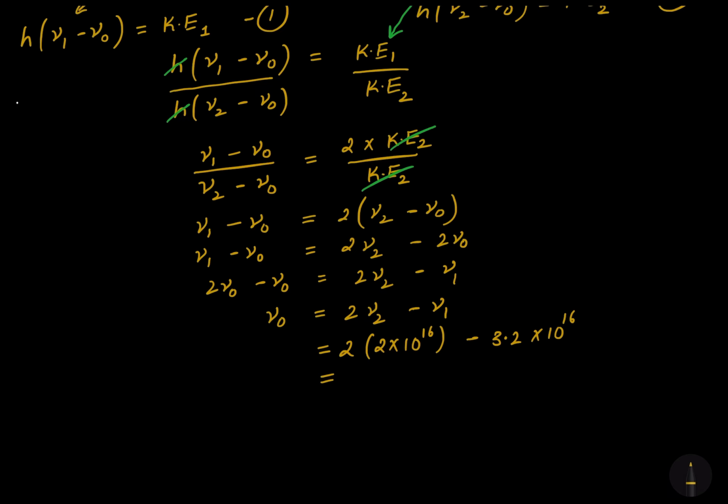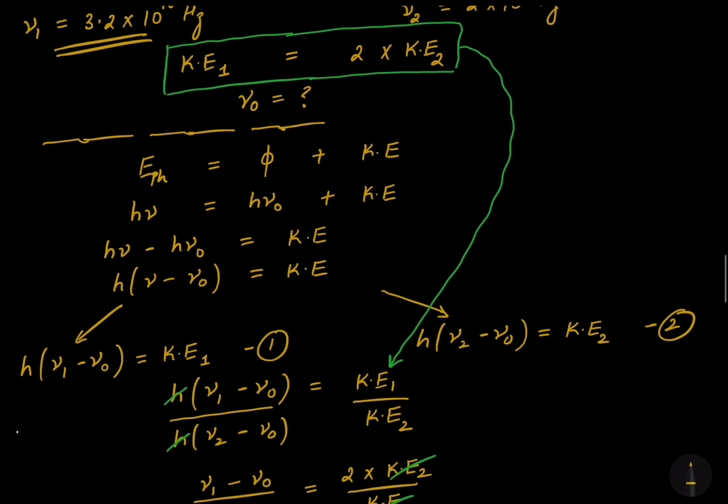This comes out to be 4 into 10 to the power 16 minus 3.2 into 10 to the power 16. My threshold frequency comes out to be 0.8 into 10 to the power 16, or you can say 8 into 10 to the power 15 hertz. So that's the threshold frequency. I hope you got this derivational numerical. It was the easy one.